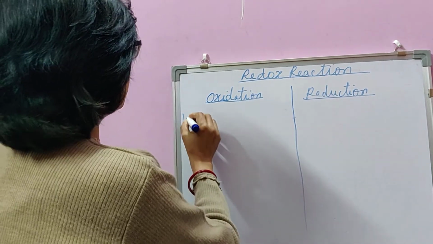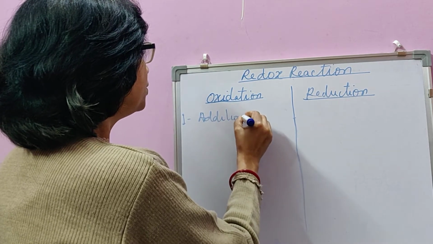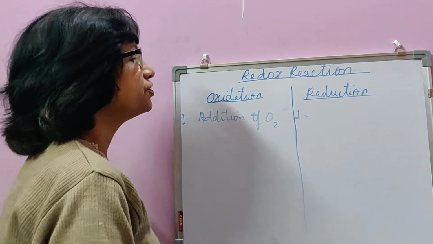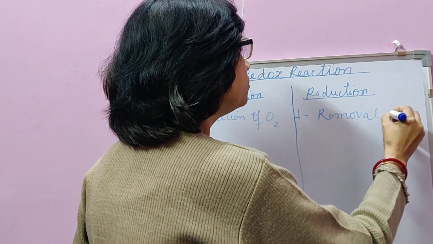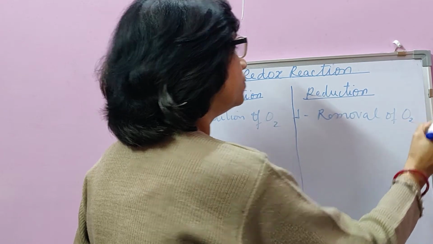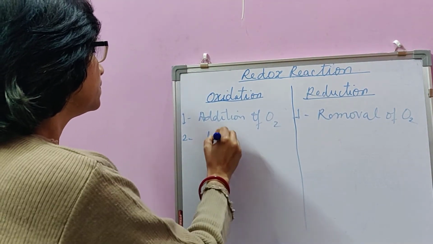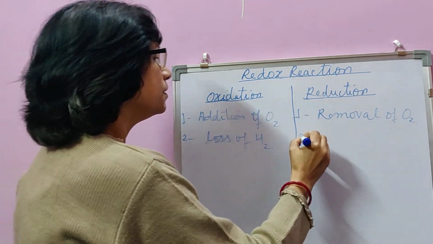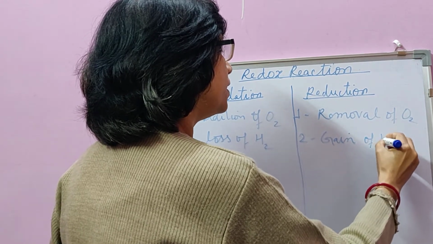Oxidation is addition of O2 and reduction is removal of O2. Second, oxidation is loss of hydrogen and reduction is gain of hydrogen.